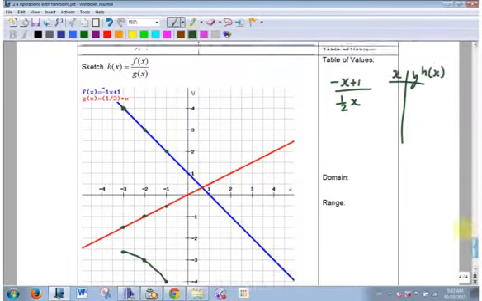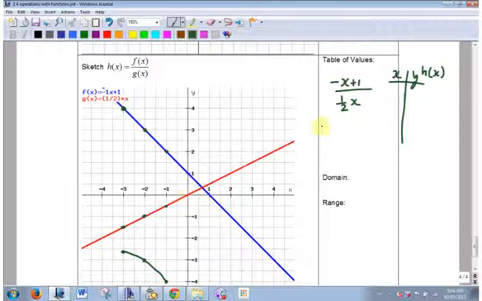Okay. 1 divided by 0. What's the answer to that question? How many times does 0 go in 1? What's my restricted value here? X can't be 0, can it? I don't know how many times 0 goes into 1. What do we call this, boys and girls?